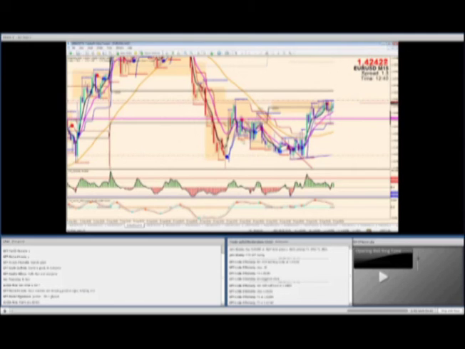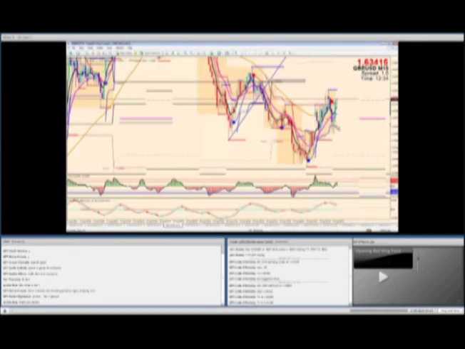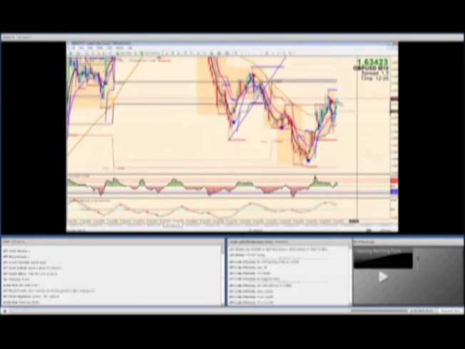And looking at the pound dollar, we see the pound dollar developing signs of bullishness here. Previous candle showing quite a bit of bullishness from tip to tip, about 24 pips.